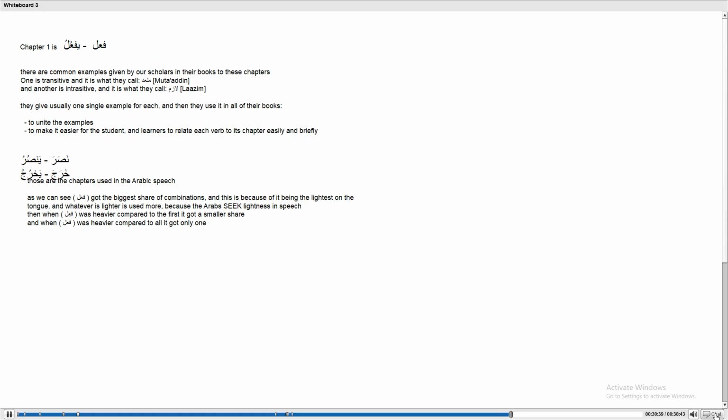That means I'm telling you two things briefly. Instead of saying, Dakhala is chapter 1 and it is lazim, I'll just tell you, Dakhala is of kharaja. That means it's from chapter 1, and number 2, it is lazim, because Dakhala means entered.